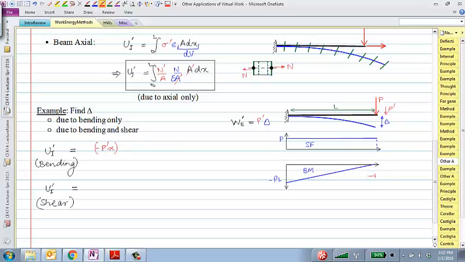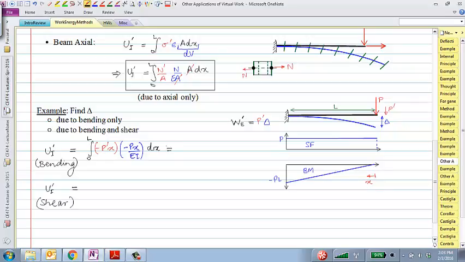Again, if I look at x from the right, make sense? And the real curvature would be minus P times x over EI. Integrate that over 0 to L dx.